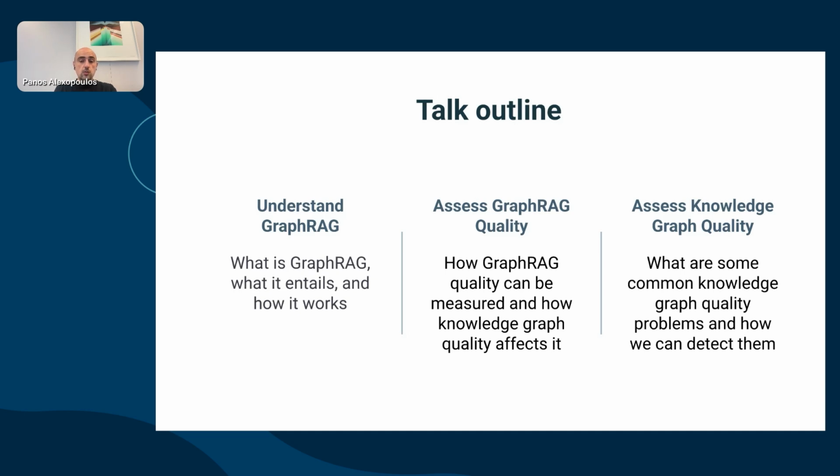And finally, we're going to see what some typical quality issues that might happen in knowledge graphs are, how they may affect the overall quality of a GraphRAG application, and some high-level methods on how to detect those.